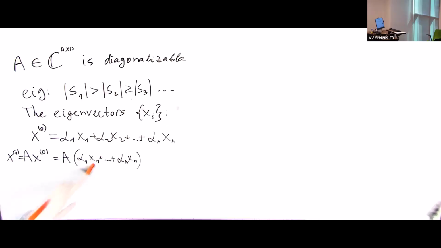By definition, this is how eigenvectors are defined: it's the eigenvalue times the same vector. So this thing would be written as alpha 1 s1 x1 plus dot dot dot plus alpha n sn xn.